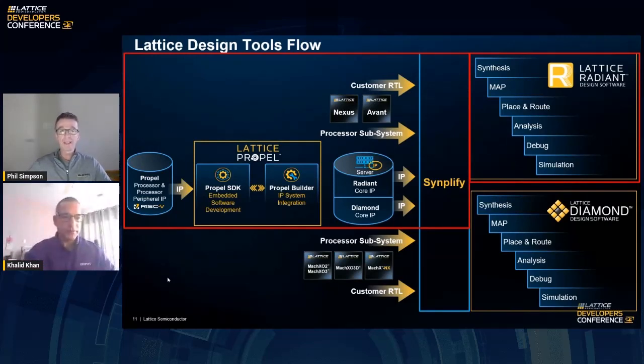Now, one of the key aspects you can see here in this block is the interface between Propel and Radiant, the interface between the customer's RTL and Radiant, and the interface between the Lattice IP and Radiant is the Simplify software. So Simplify provides the synthesis solution, and it's fully integrated as part of the flow to make it easy to put together a team-based block-based design environment.